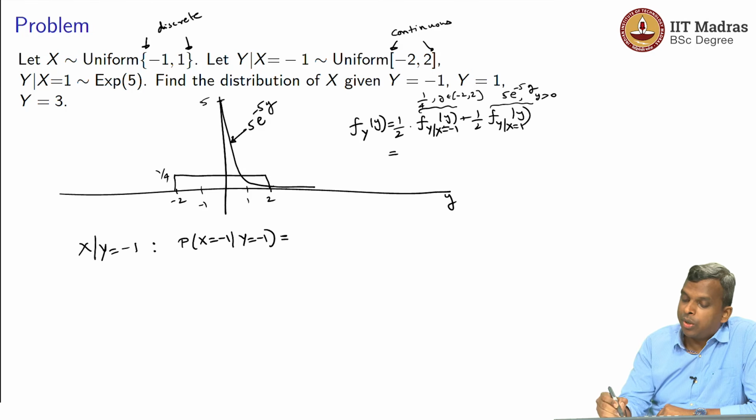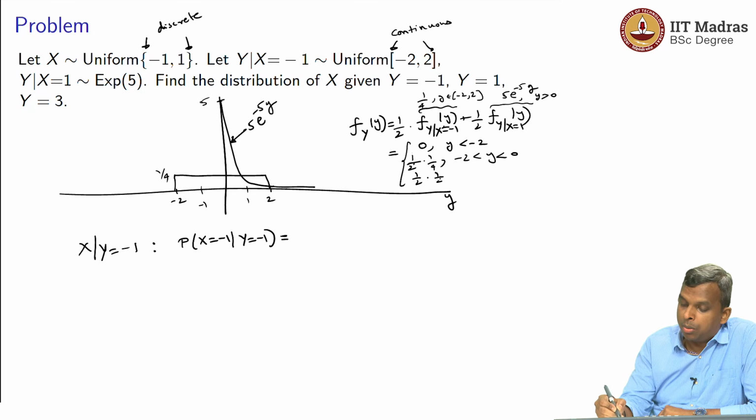Okay, so how do you combine these two and write it? This is a slightly more complicated density to write down. It is 0 for y less than minus 2. It is half times 1/4 for y between minus 2 and 0.